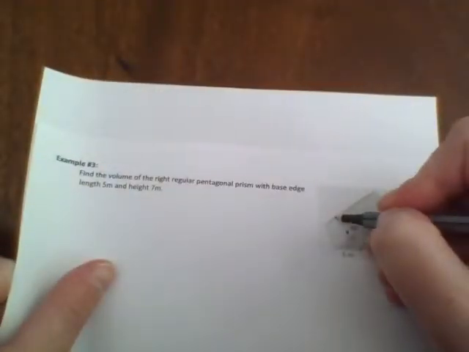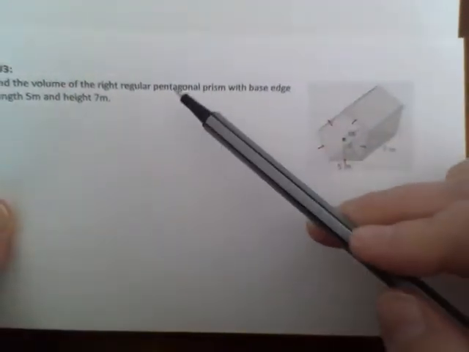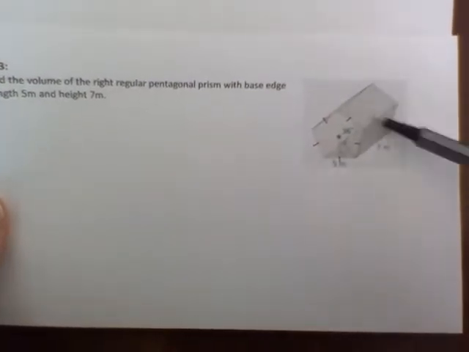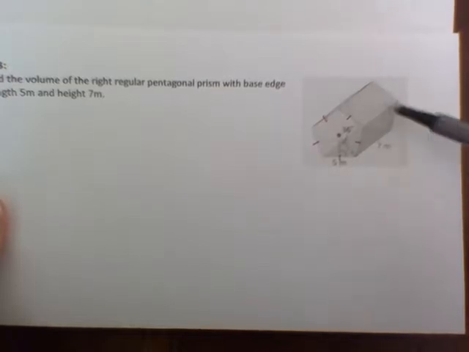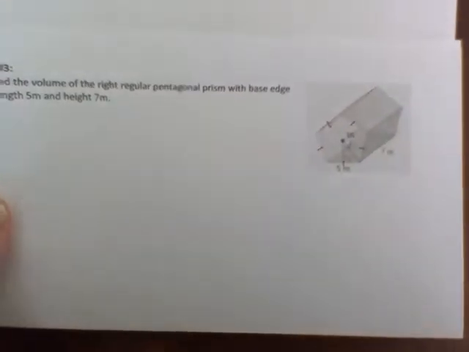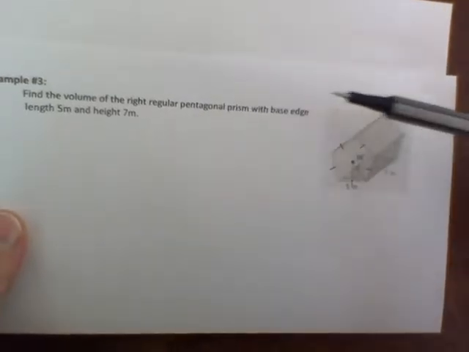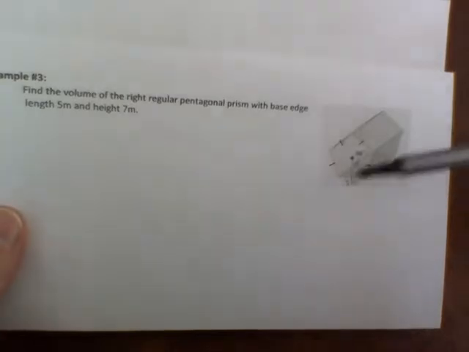The regular means that each of these sides of the pentagon are all, in this case, 5 meters. And then it's a pentagon, so we got 5 sides, and then a prism. So that means that this pentagon here is repeated at the base, and it has rectangular sides. So kind of a long name for this, but there it is. And its base edge is 5 meters. They've mentioned that. And then the height there is 7 meters.